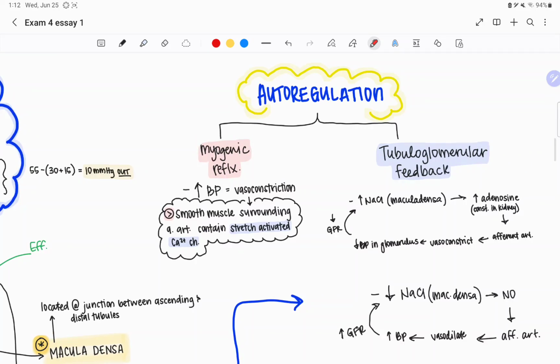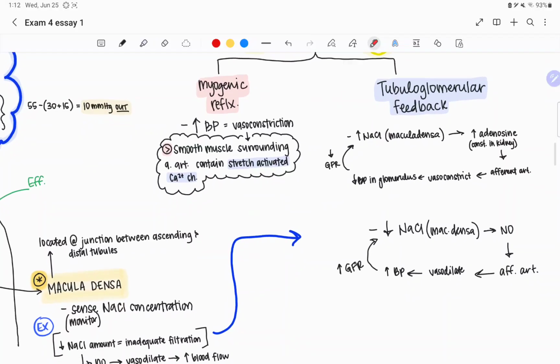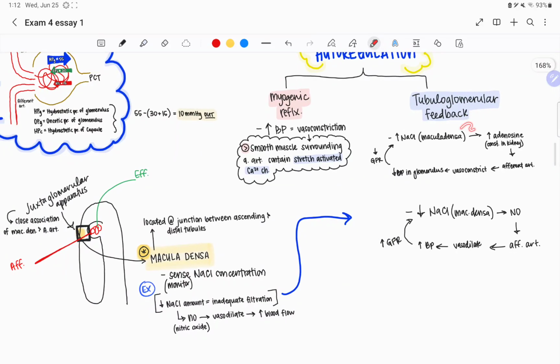Now, we also have what's called the tubuloglomerular feedback. Okay, I'm going to back up really quick. So I talked about how the macula densa was important right there. It senses sodium chloride, right?